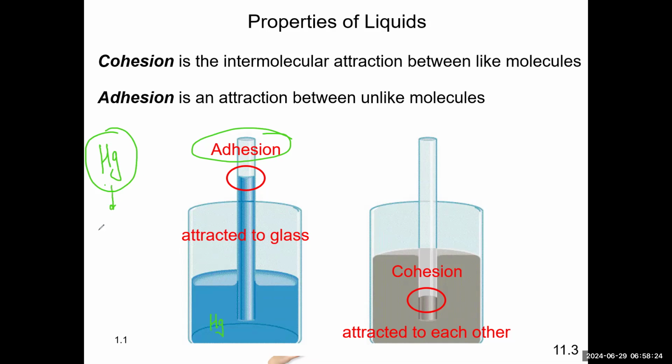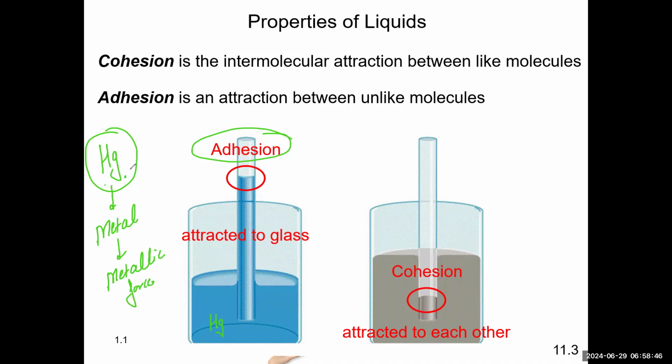Mercury is metal. It has free electrons around the mercury ions. Its attractive forces are metallic. Nothing doing with your IMFs. It's not a molecule. Metallic forces, yeah. Metallic forces are stronger than IMF.